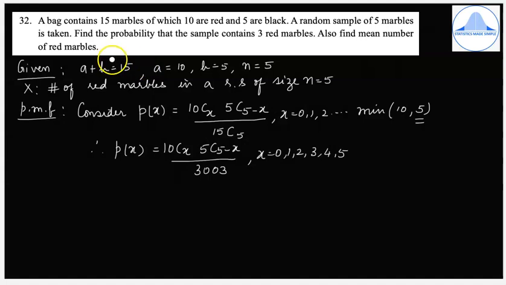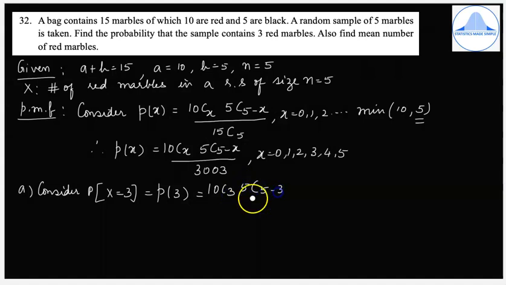Now let's start with the first question asked. Find the probability that the sample contains 3 red marbles. So consider it is probability of capital X equal to 3, which is equal to P of 3. So in this PMF, wherever you have X, you put 3. So 10C3, 5C 5 minus 3, divided by 3003.